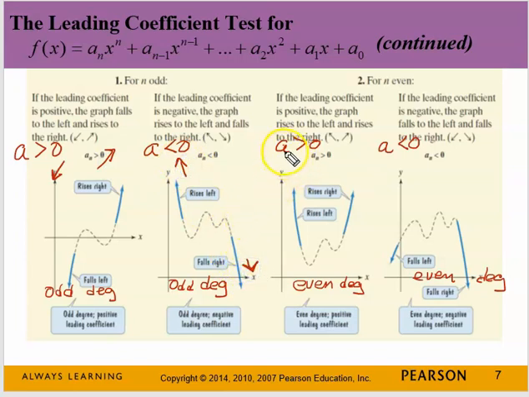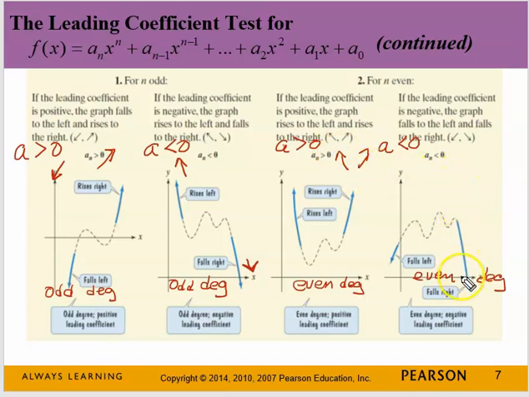Now here, again, a is greater than 0, so it's positive. It's going to start high, go down. But if it's an even degree, it's going to continue to end up. So they're showing that as arrow this way, arrow this way.